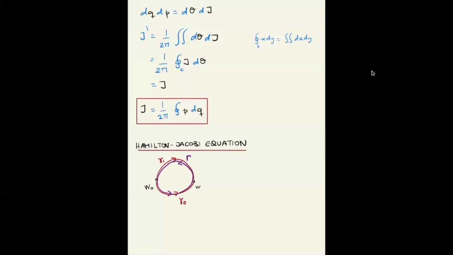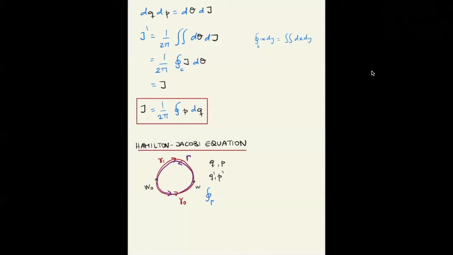Now, if you have 2 sets of canonical coordinates, q and p, and q prime and p prime, then by conservation of the Poincare invariant, the closed path integral on the path gamma of p dq minus p prime dq prime is equal to 0.